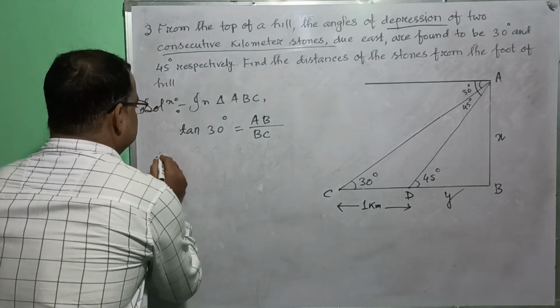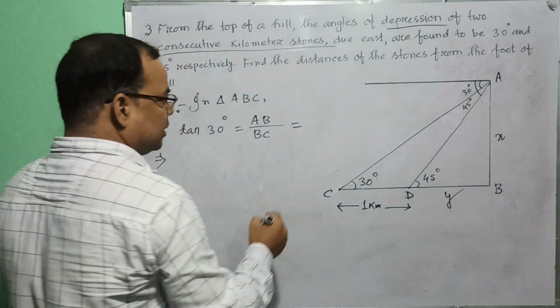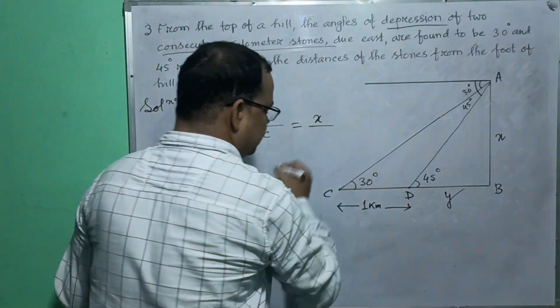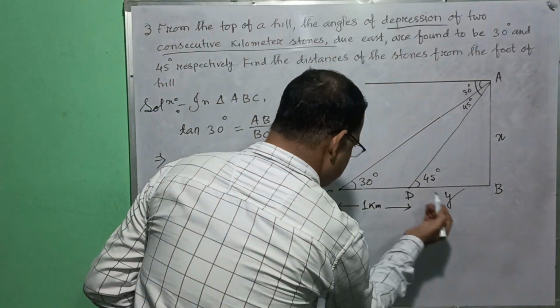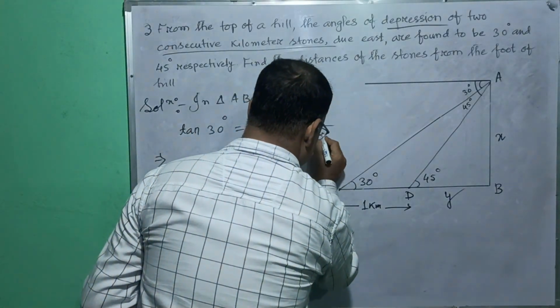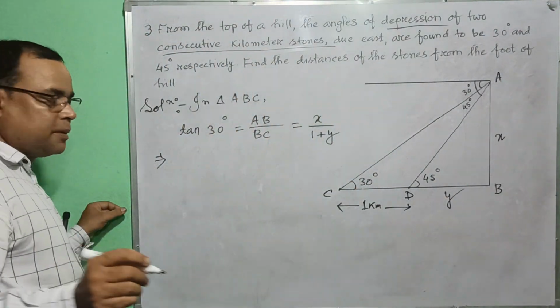This implies tan 30, we can write AB equal to X, and BC equal to 1 plus Y. So tan 30 equal to 1 by root 3.